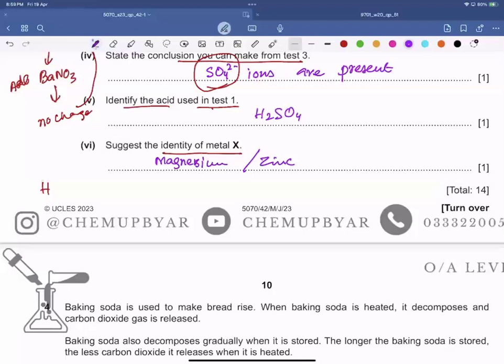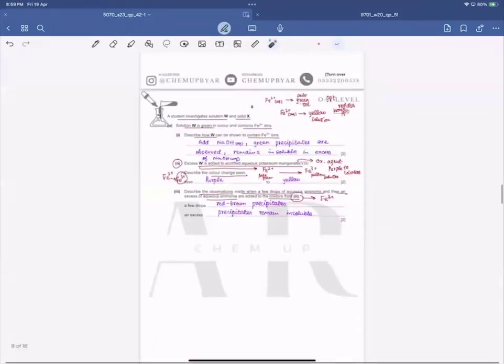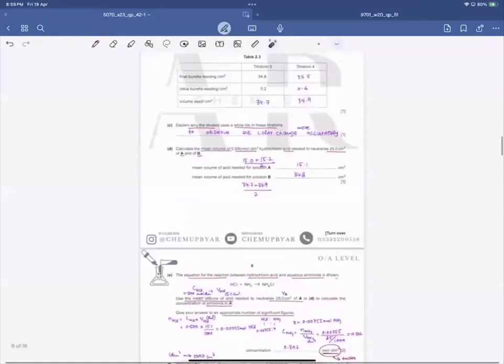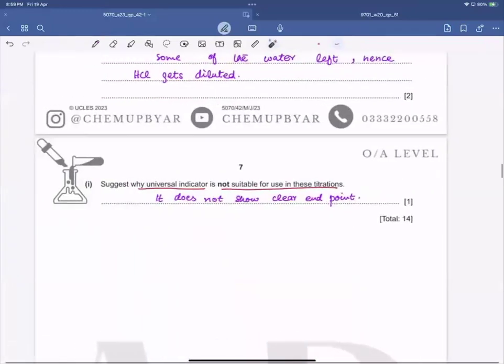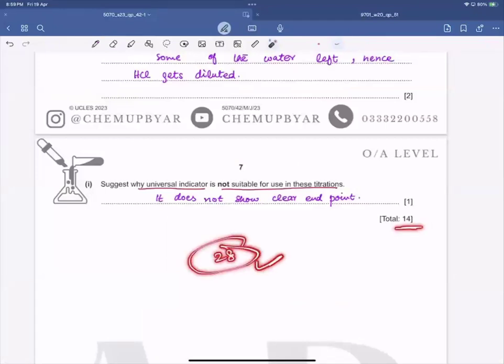Okay. Now see, the total paper is of 40 marks. See, how many marks does this question contain? 14. And the titration question we did in the last class contains 14. So see, 28 marks are secured by these two questions only.